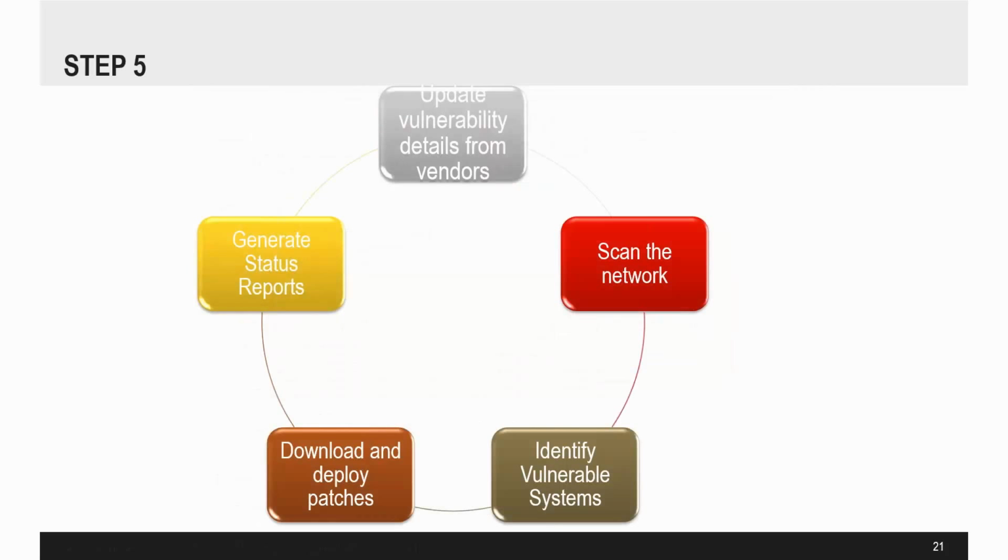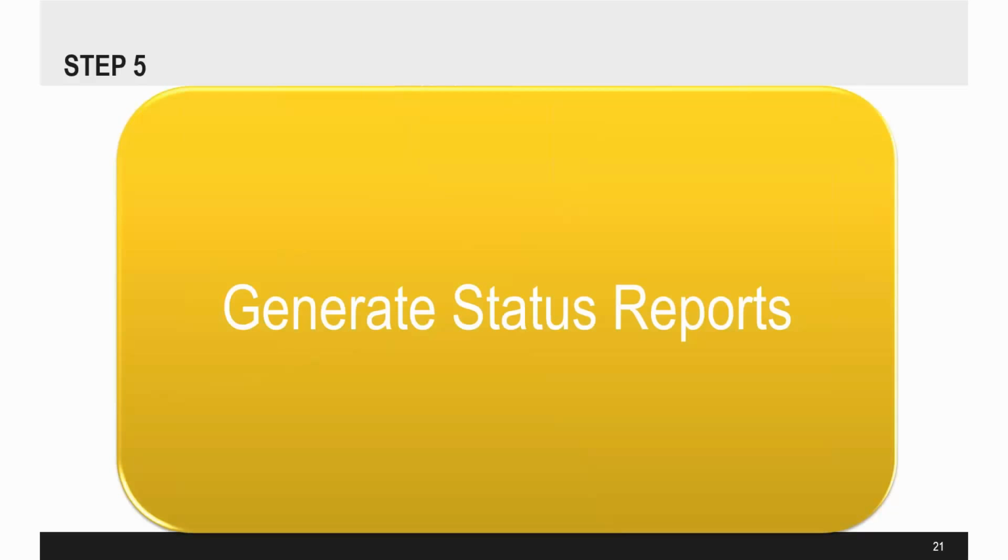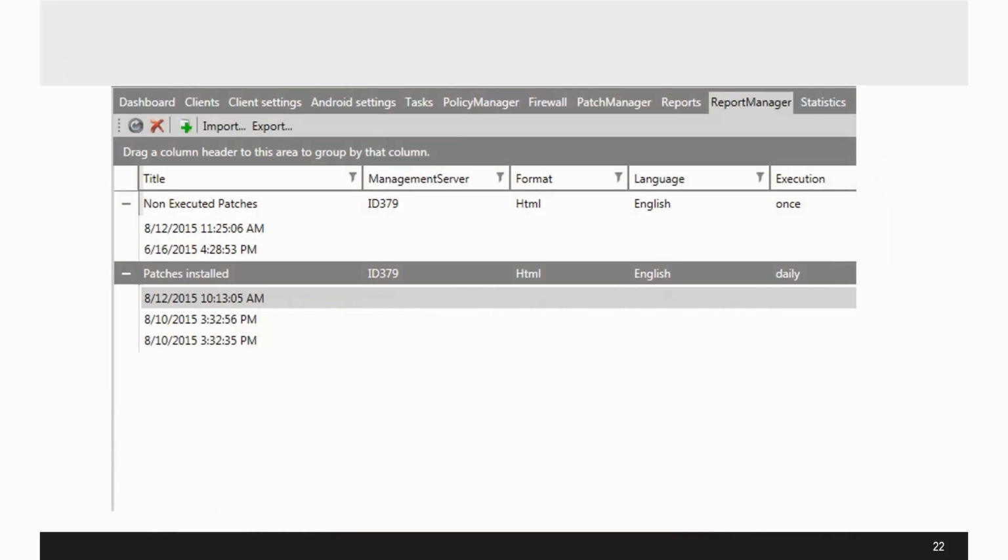So the last step we have to carry out is to generate a status report to see what we've actually done, to see the status of the network. Without being too critical of the software, I would say that this is the weak point in the patch management.